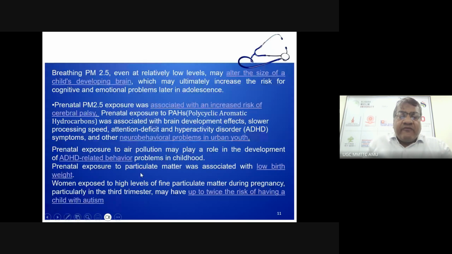So when women are exposed to the high level of the particulate matter during pregnancy, particularly in the third trimester, they may have up to twice the risk of having a child with autism. Again, this is a neurobehavioral problem in children, which is autism.